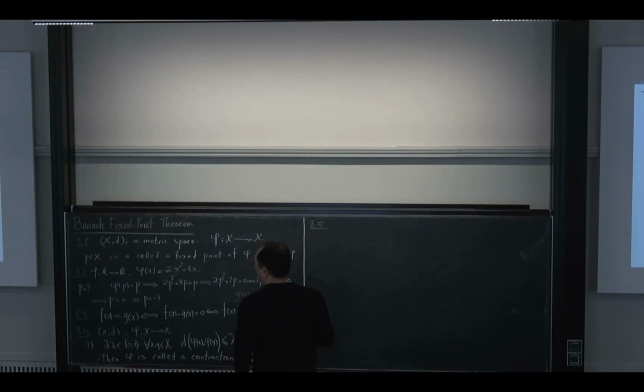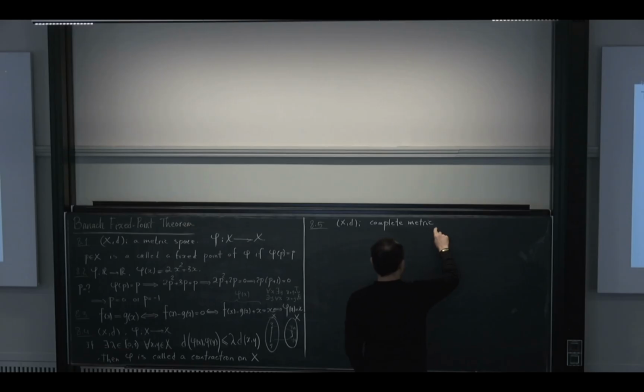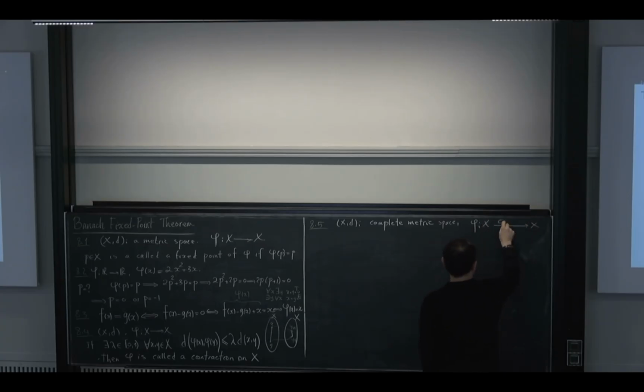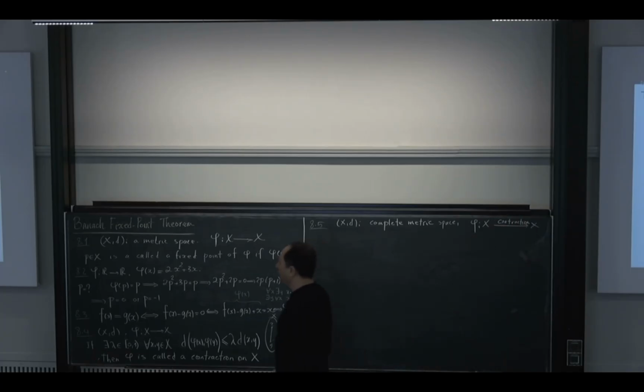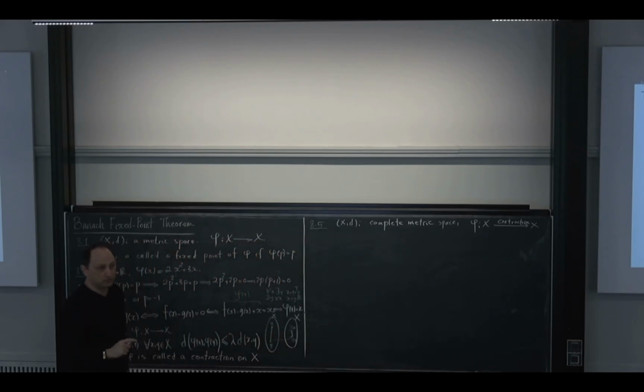So we have a complete metric space. So it means that if I have a Cauchy sequence, it is automatically convergent. So complete metric space, and then phi from X to X is a contraction. And then what I want to say is that this phi has only one fixed point in this space.